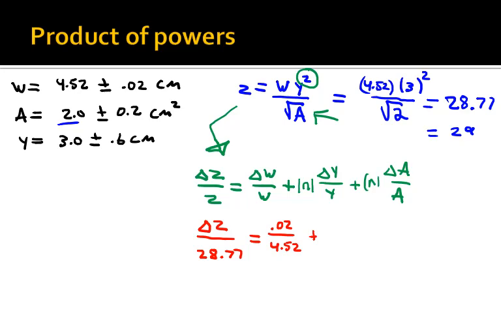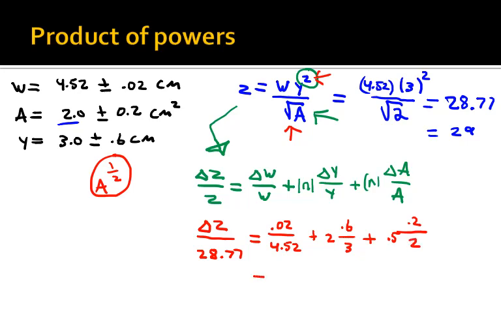Now, the integer here is squared, so we're going to have 2 times the uncertainty in Y, which is 0.6 divided by Y itself, which is 3, plus, now the integer here, this is taking the square root, which is A to the 1/2 power, right? So for the integer, it's going to be 0.5 times the uncertainty of A, which is 0.2 over 2. Okay?